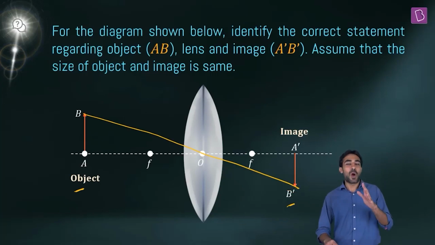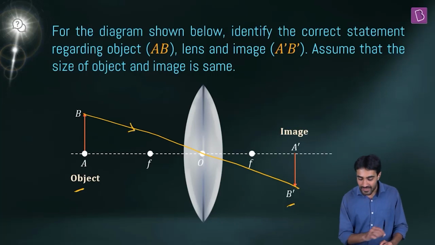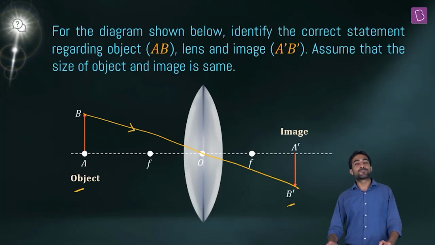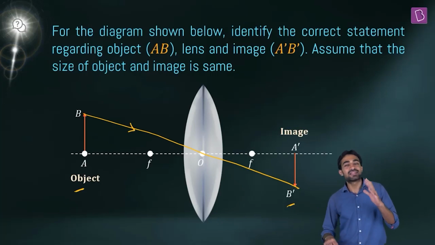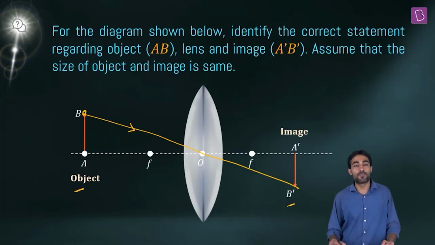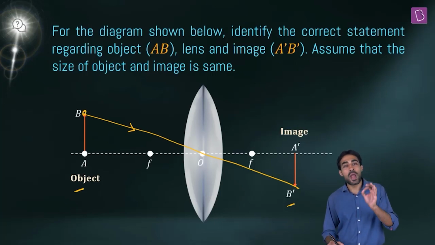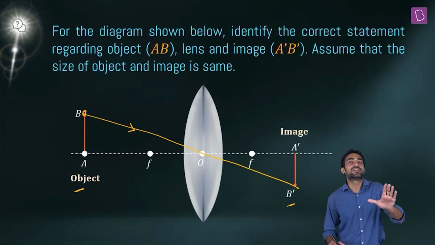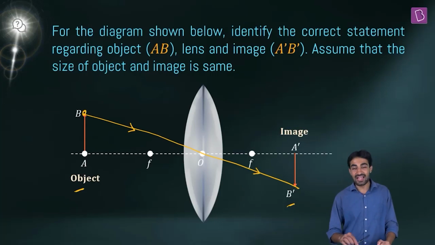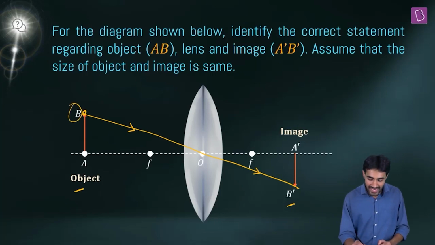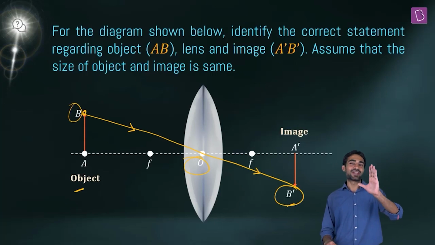Why? Because any ray passing through the optical center goes without any deviation. If the ray is emerging from point B, this ray will go as it is. So we can say the 3 points B, O and B dash are collinear.